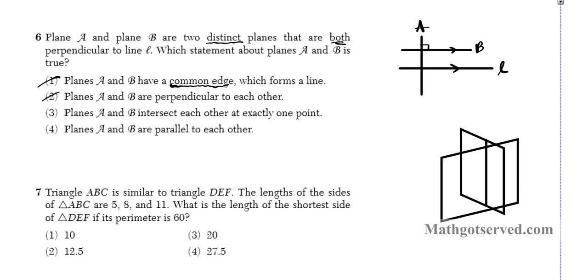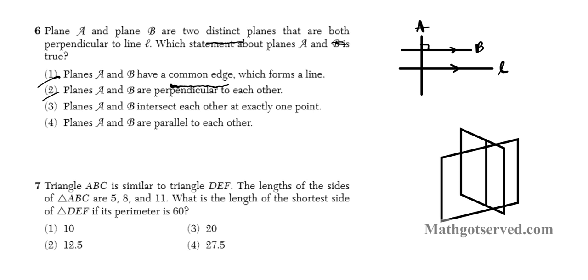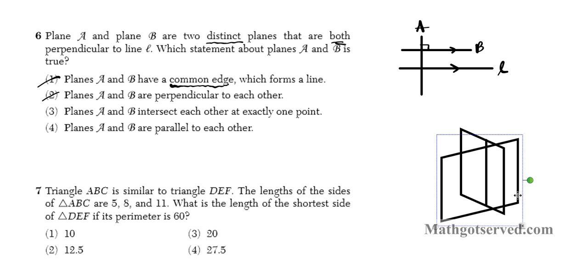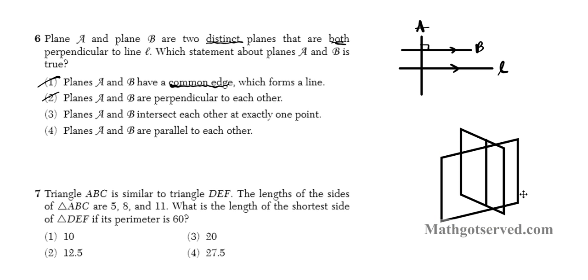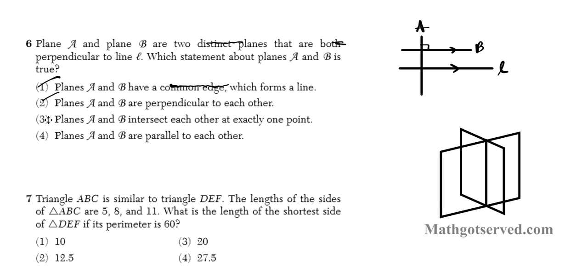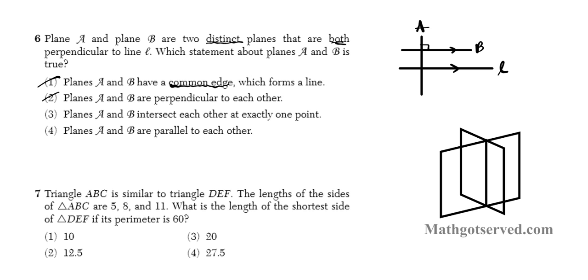So that just helps us see that it is impossible. We can clearly see that option 3 makes no sense because when two planes intersect, they intersect at a line. So option 3 makes no sense, and it has to be option 4.